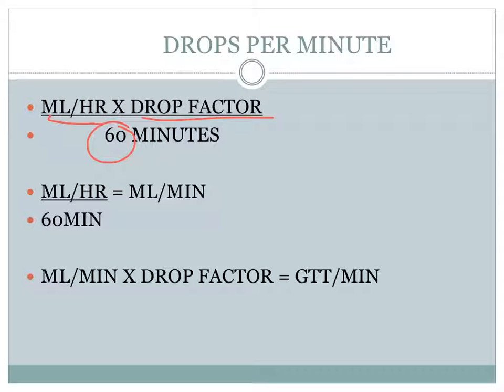For test purposes, we will provide you with the drop factor information. That will be 10, 15, 20, or 60 drops per minute. Always express drops per minute in whole numbers. And always carry out to the 10th and round to the nearest number. The abbreviation GTT means drops.